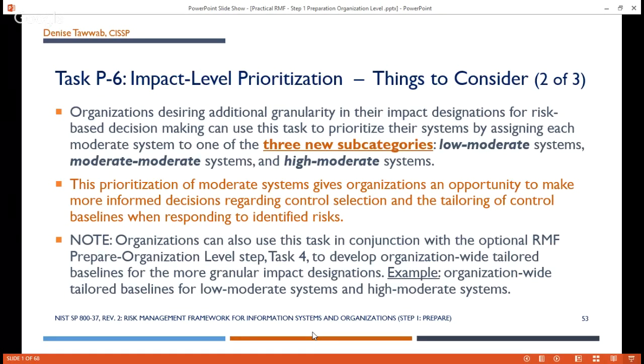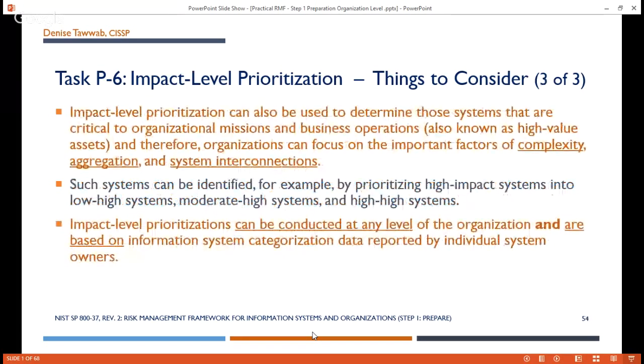This prioritization of moderate systems gives your organization a chance to make more informed decisions about control selection and the tailoring of control baselines when responding to identified risk. A special note, your organization can also use this task in conjunction with the optional risk management framework task 4 to develop tailored baselines for the more granular impact designations. That probably made no sense. I'm going to just keep moving.